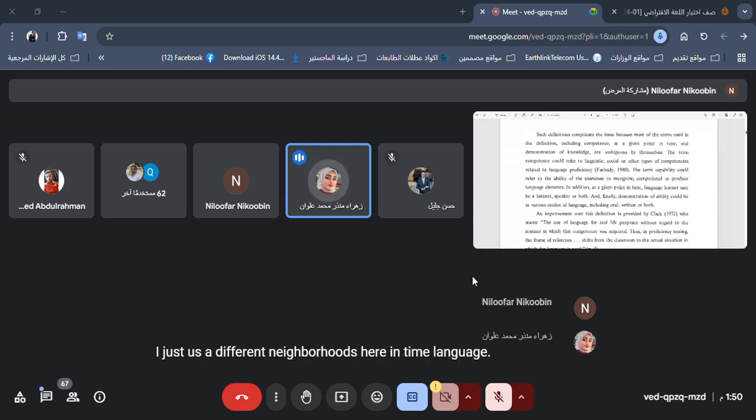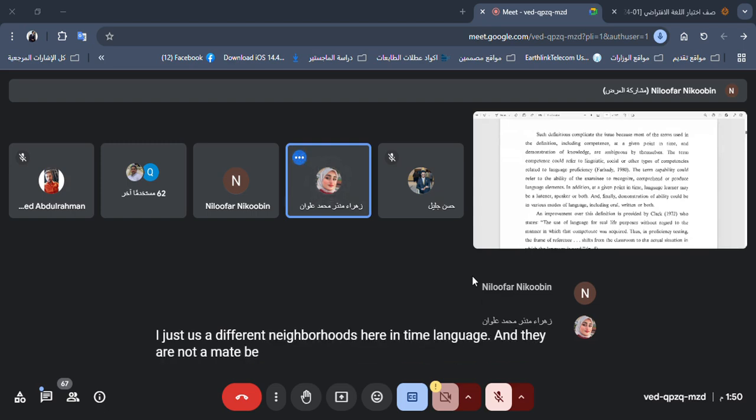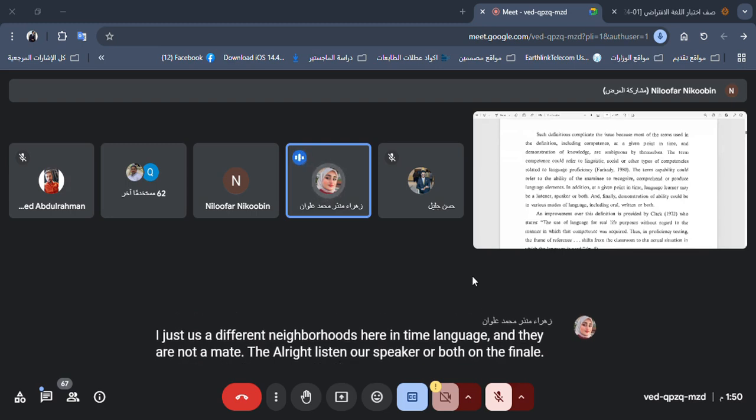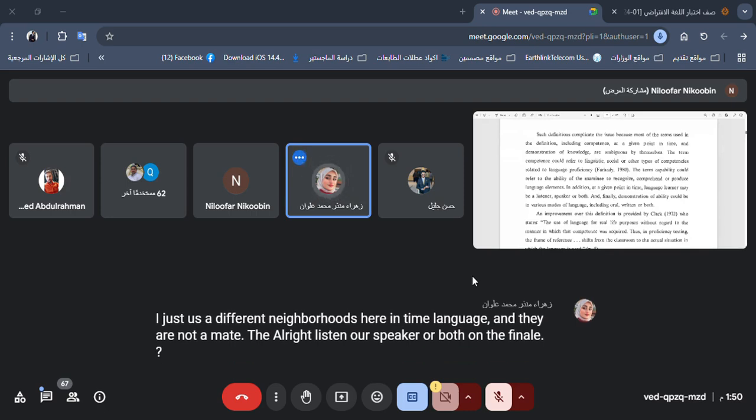A language learner may be a listener, speaker, or both. And finally, demonstration of ability could be in various modes of language, including oral, writing, or both.